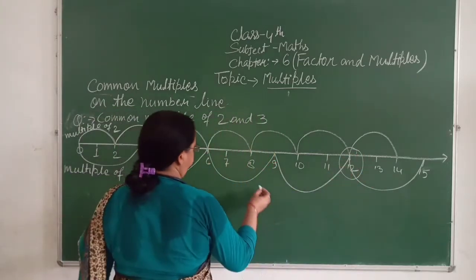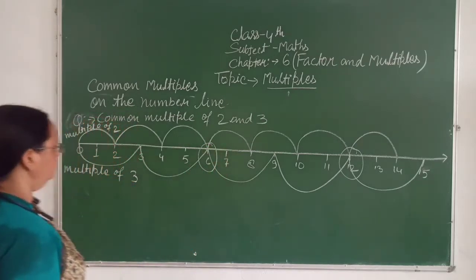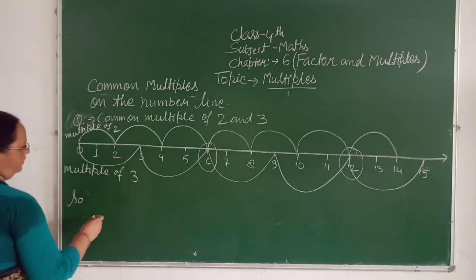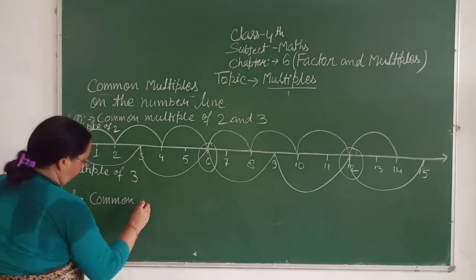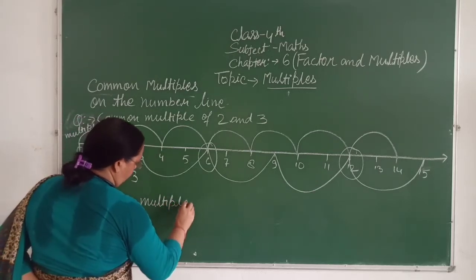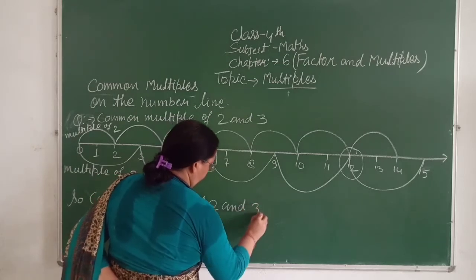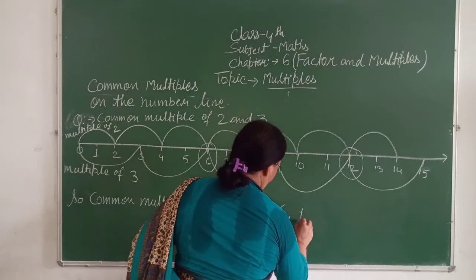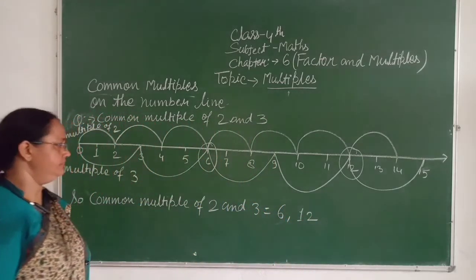And then 6 is common. So the common multiples of 2 and 3 are 6 and 12 on the given number line.